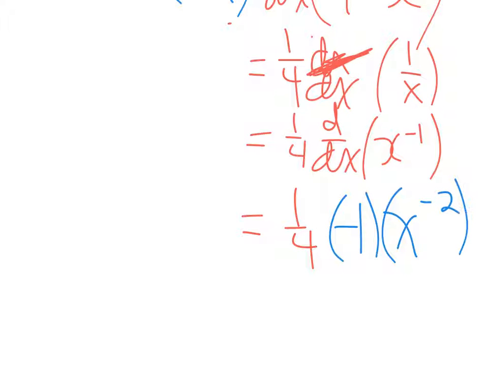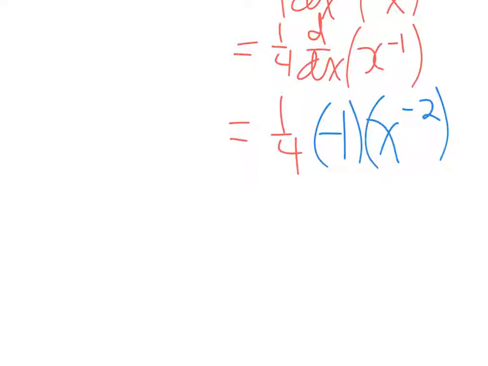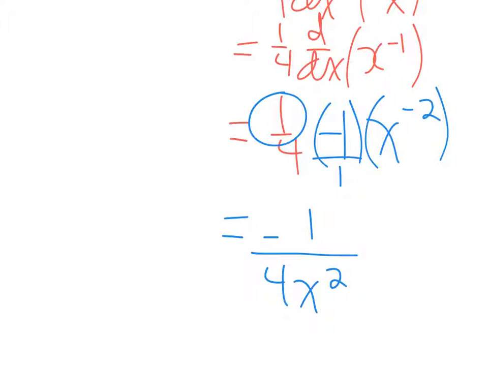I reduce the exponent by 1. When I simplify, I multiply the numerators with the fraction. 1 times negative 1 is negative 1, and then it's over 4x squared.